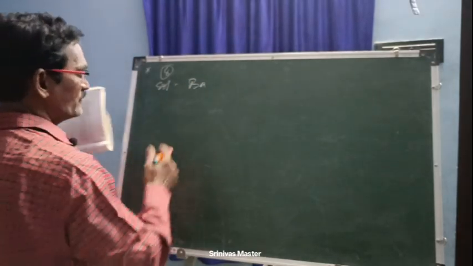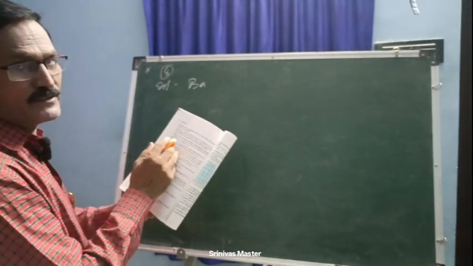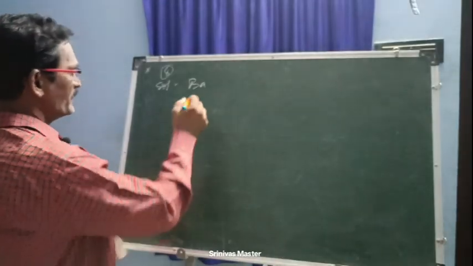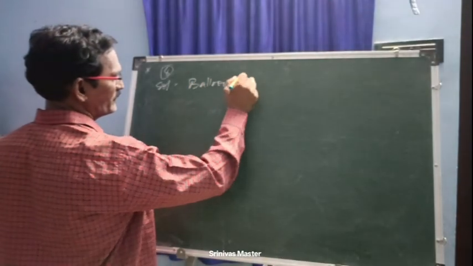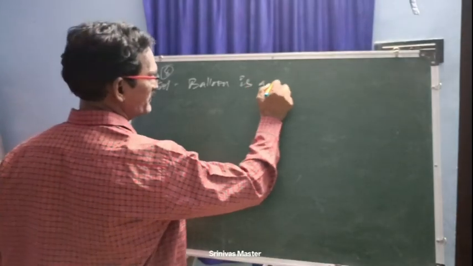Balloon, according to the given question, spherical shape only is given, no? According to that you can write: the balloon is a spherical shape.